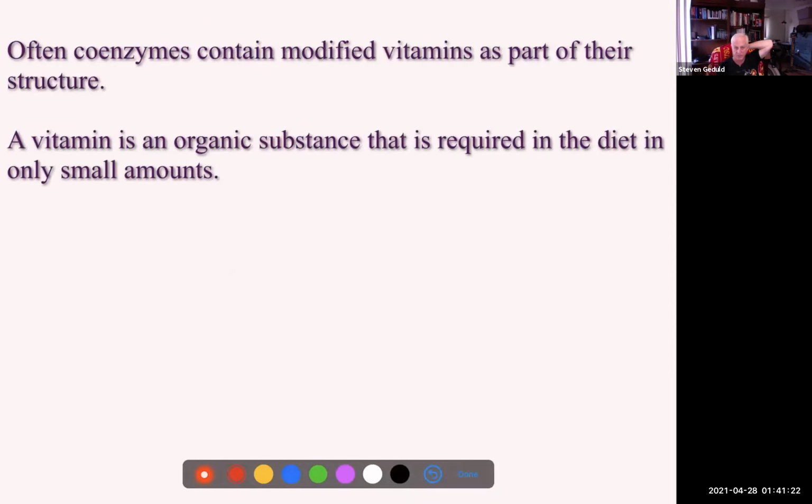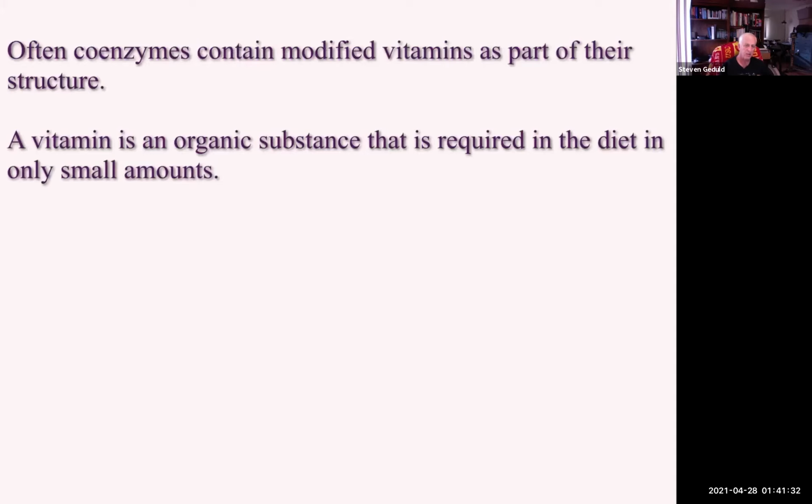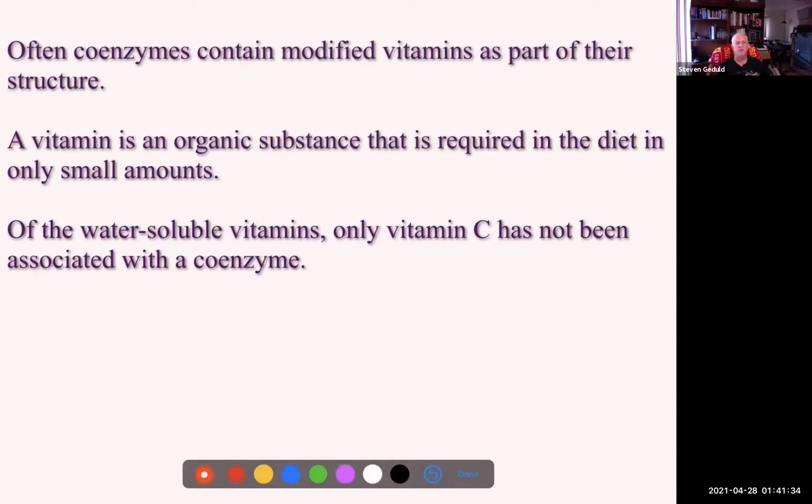A vitamin is an organic substance that's required in the diet in only small amounts. That's what a vitamin is. Of the water-soluble vitamins, only vitamin C has not been associated with a coenzyme. So all the water-soluble vitamins are associated with a coenzyme, except we just haven't found the one that vitamin C does yet.